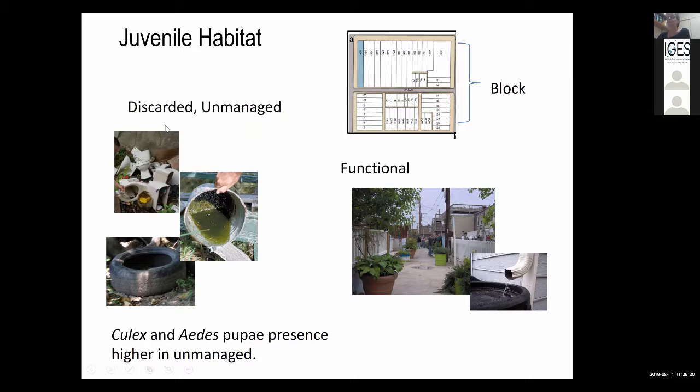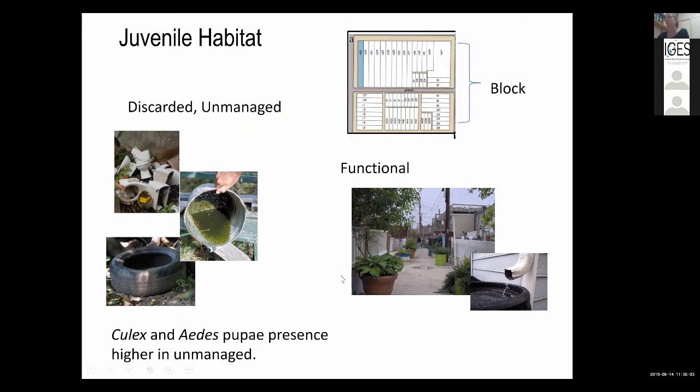And in general, we find things that are container habitats that fall into the categories of discarded and unmanaged, so trash, and we've got tires, toilets, and lots of cups and other things, or functional. Functional things included rain gardens and gutters and planters. And we tend to find that there were more Culex and Aedes mosquitoes at the pupae level. So that is, they'd survived and had pupated and would come out very soon as adults.